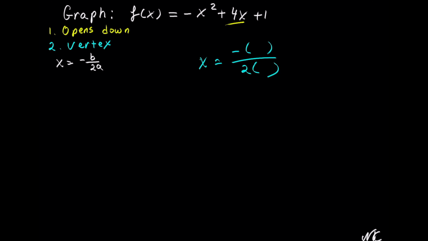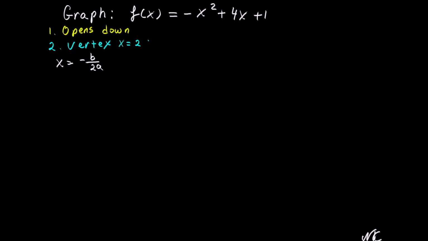B is 4, a is negative 1, so x is equal to negative 4 over 2 times negative 1, which is negative 4 divided by negative 2, which is positive 2. So at x equals 2, we have a vertex.